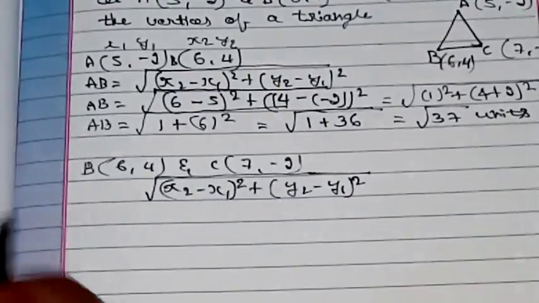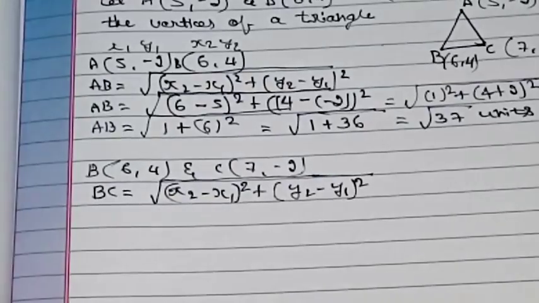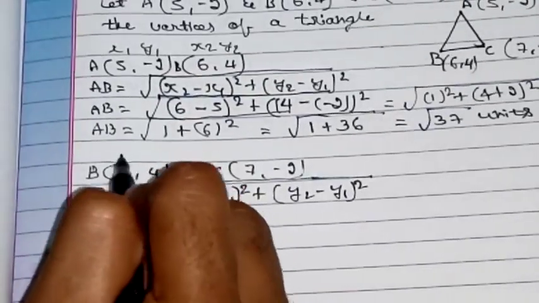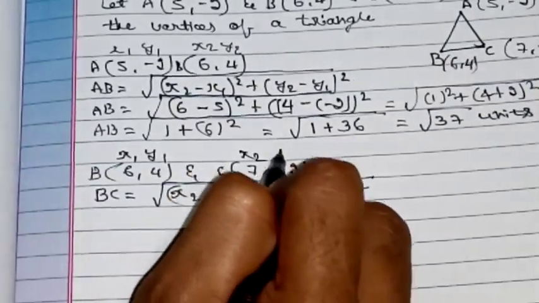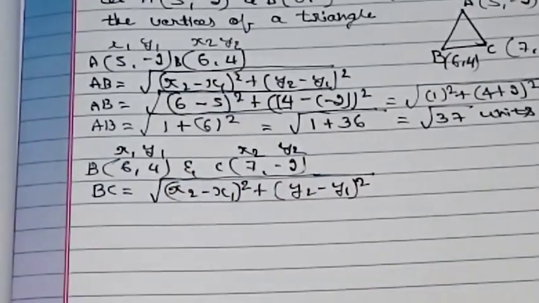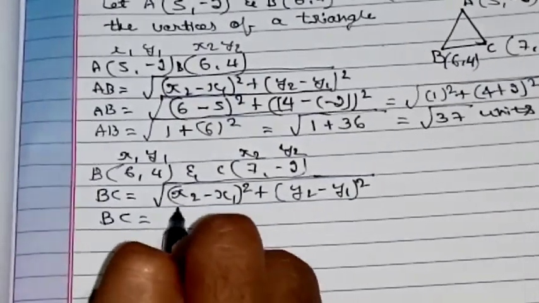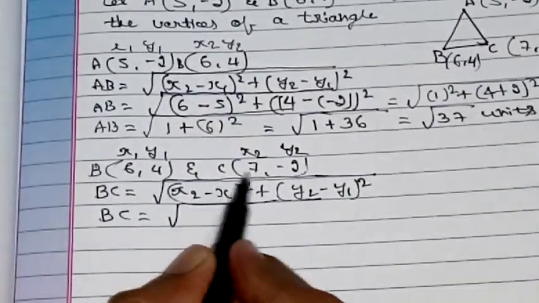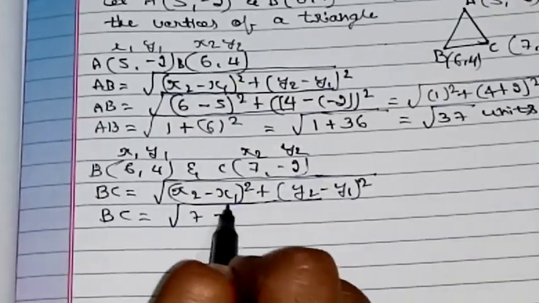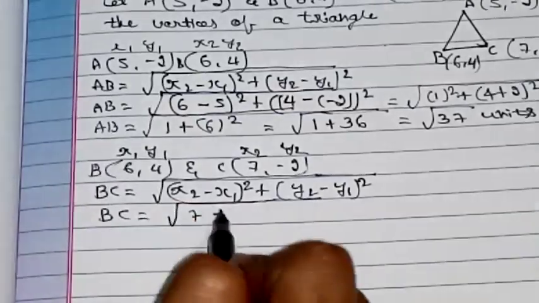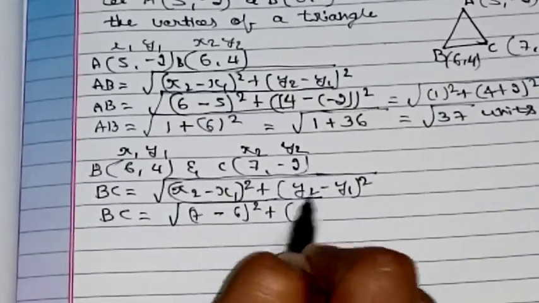You are finding the distance between B and C, so write BC is equal to. As usual, the first point is x1, y1 and the second is x2, y2. Now apply these values in the formula. BC is equal to the square root of, what is x2, children? x2 is 7 minus, what is x1? x1 is 6 whole square plus, what is y2?